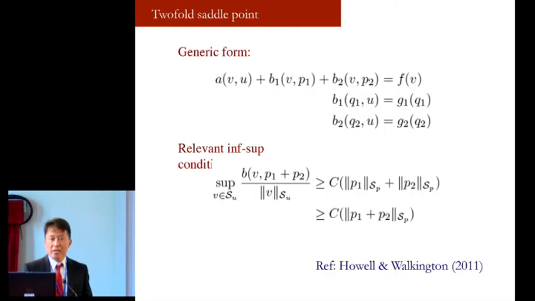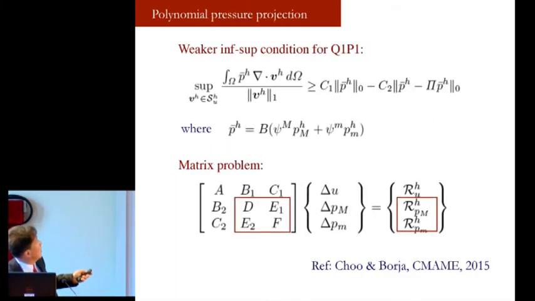And once mathematics plays out, it actually tells us that the relevant inf-sup condition can be expressed in terms of the inf-sup condition for the single saddle point problem by simply using the mean pore water pressure. So in that case, we can have the weaker inf-sup condition given by Borja, which has already been well known in the field of computational mechanics in terms of the polynomial pressure projection stabilization, now being applied to the mean pore water pressure.